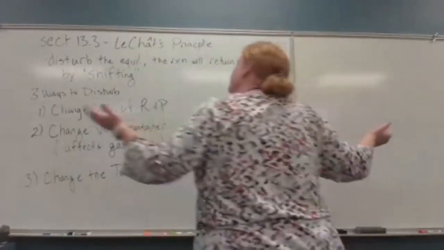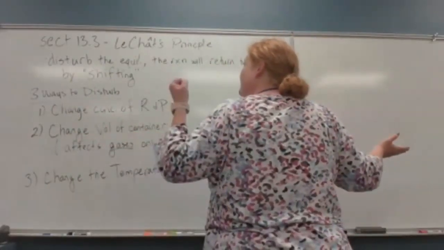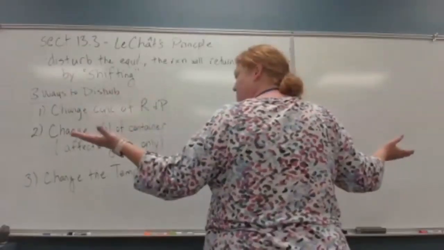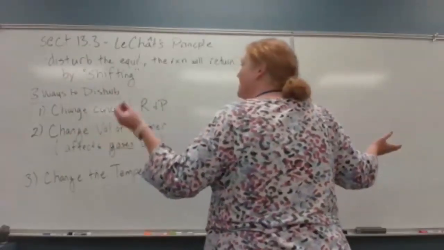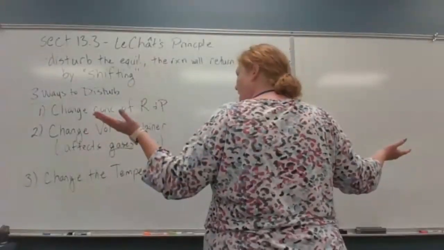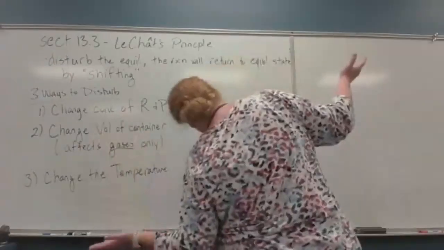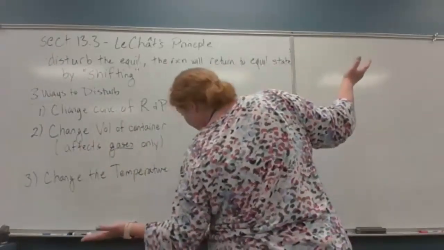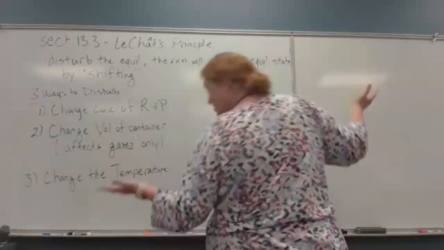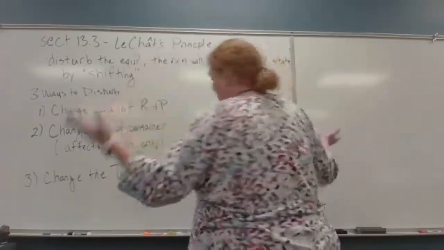Okay, let's mess it up by adding more reactant. So let's say I deliberately put more reactant into my mixture. How does that disturb my teapot, my balance? Okay, now I'm like this, right? Y'all hear what I said? I added more reactant.